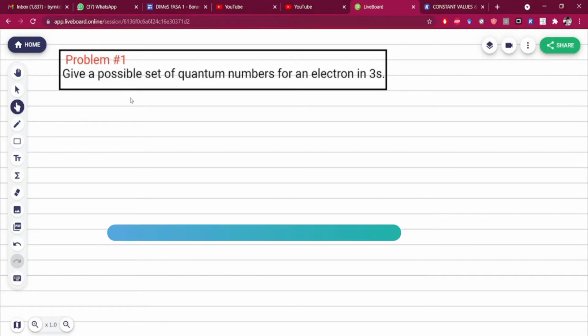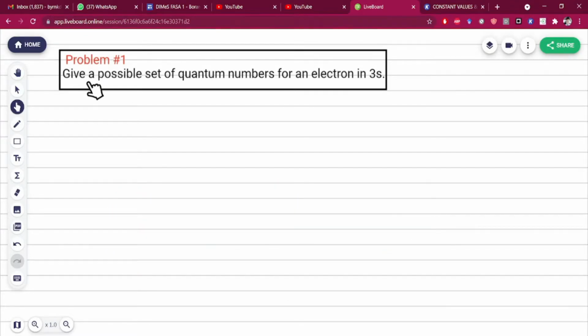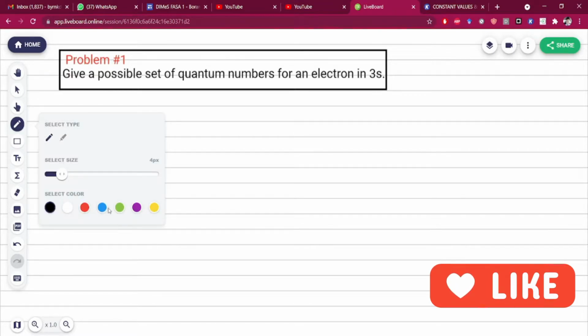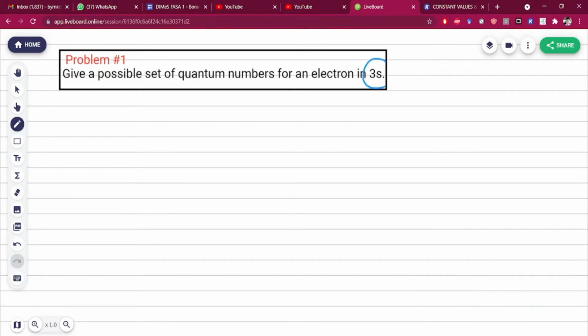Let's start with problem number 1. Give a possible set of quantum numbers of an electron in 3s. So we only need to give one possible set of quantum numbers of one electron that is located in 3s orbitals. Remember when you see this term here, that refers to an orbital, or sometimes they use the word subshell.